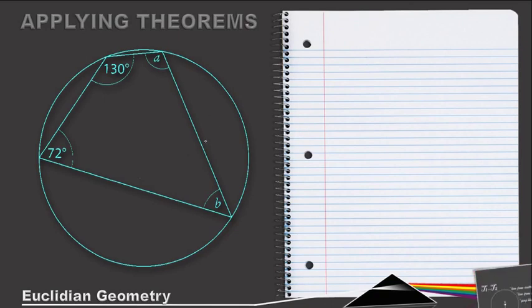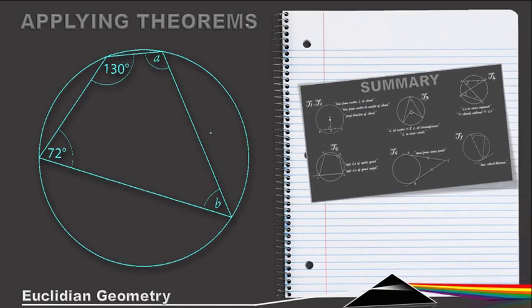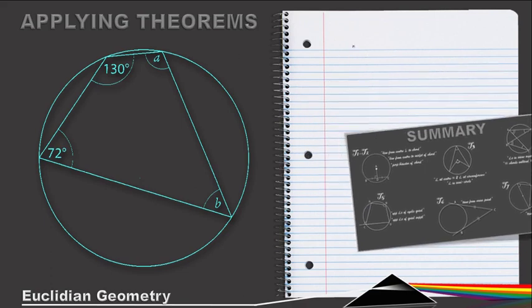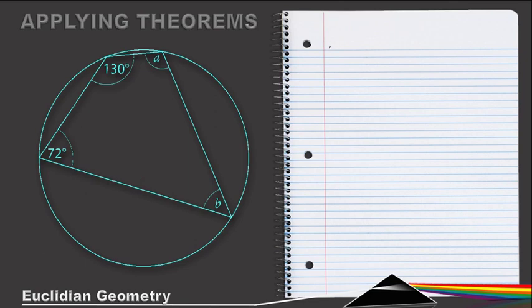In the following one, if we look at our summary, this one we can recognize as theorem 5. We know that opposite angles of a cyclic quad add up to 180, or are supplementary. So for A, I'm going to say that A plus 72 degrees should equal 180.